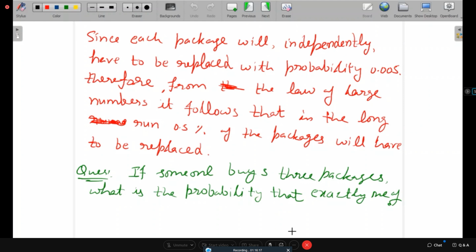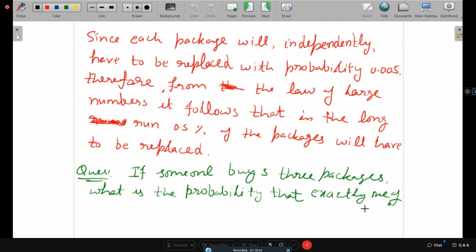Now I left this question to you: if someone buys 3 packages, what is the probability that exactly one of them is returned? I have given you every clue here. A package will return with probability 0.005 and will not be returning with probability 0.995.